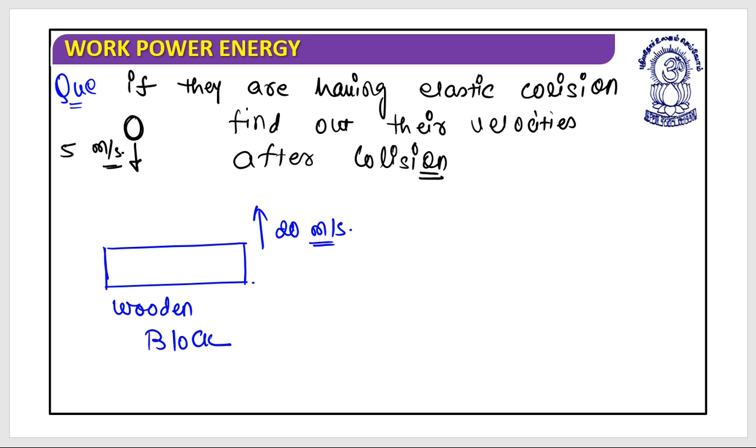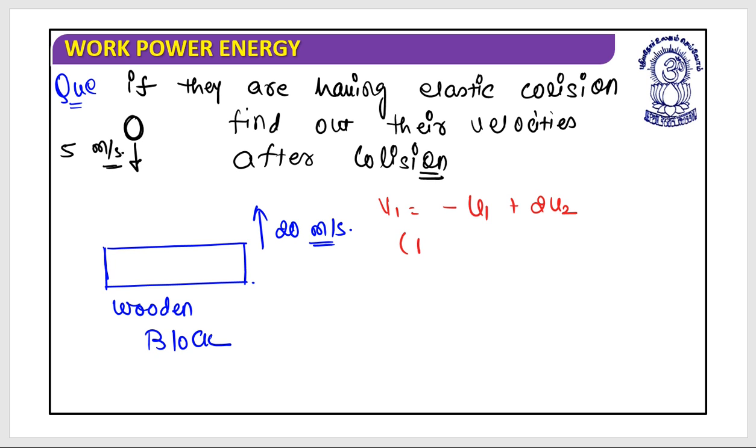So what would be the situation? In the first situation, when both objects v1 and v2 were moving with the same velocity in the same direction, the master relation is v1 is equal to minus u1 plus 2u2.